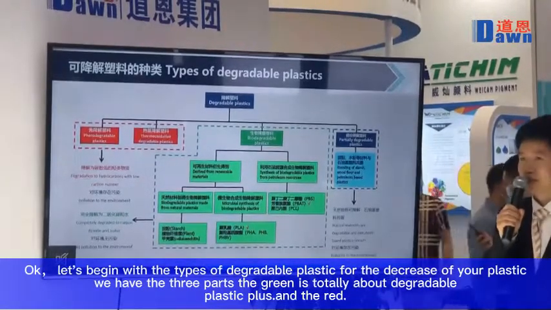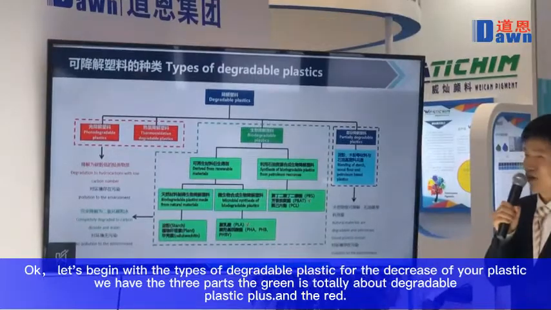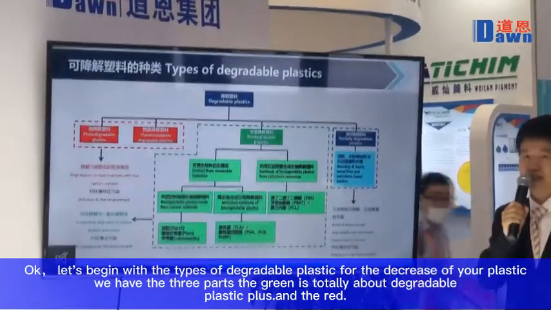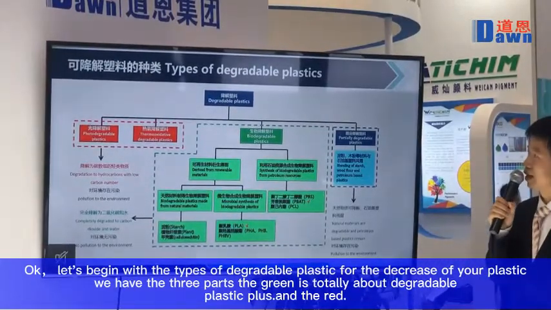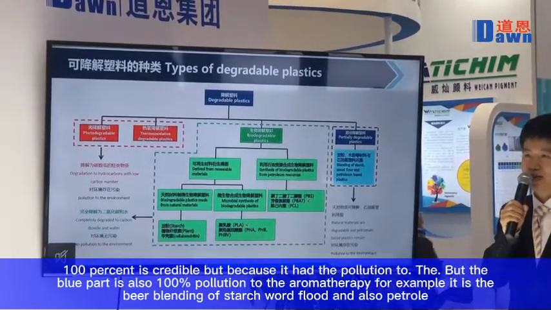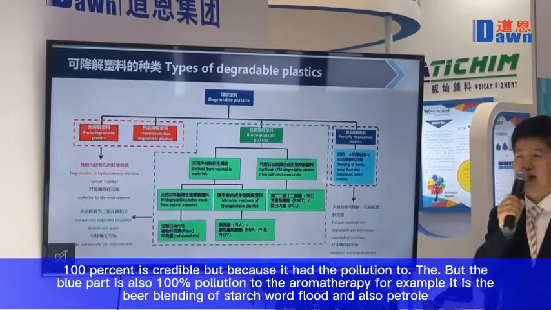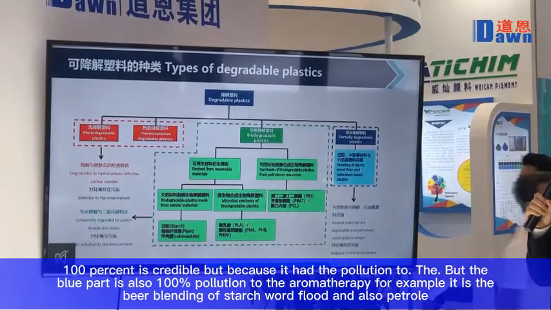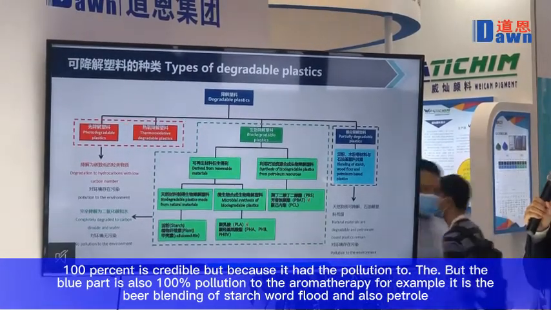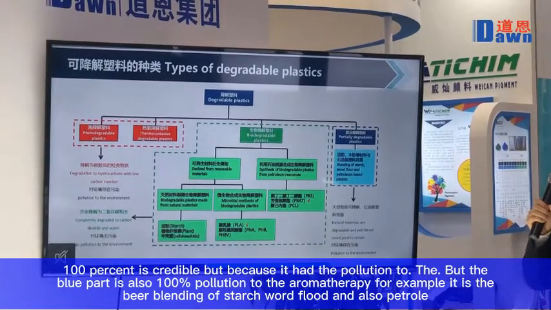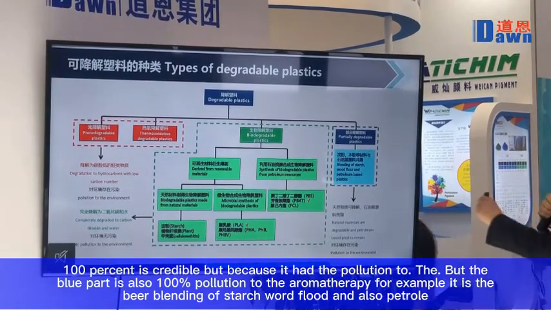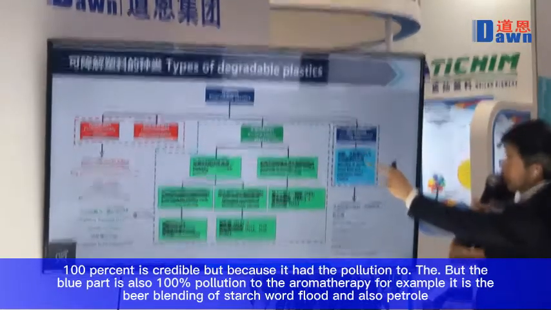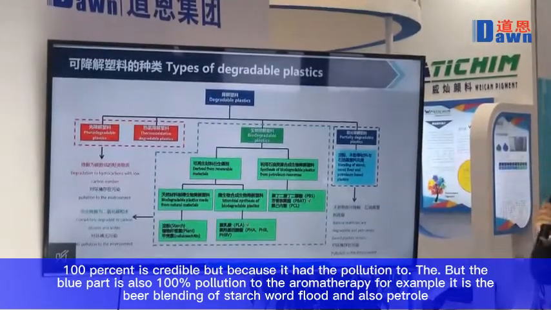Okay, let's begin with the types of degradable plastic. For degradable plastic, we have three parts. The green is totally biodegradable plastic, and the red is 100% degradable, but it pollutes the environment. The blue part is also polluting, for example the blending of starch, flour, and petroleum-based plastic.